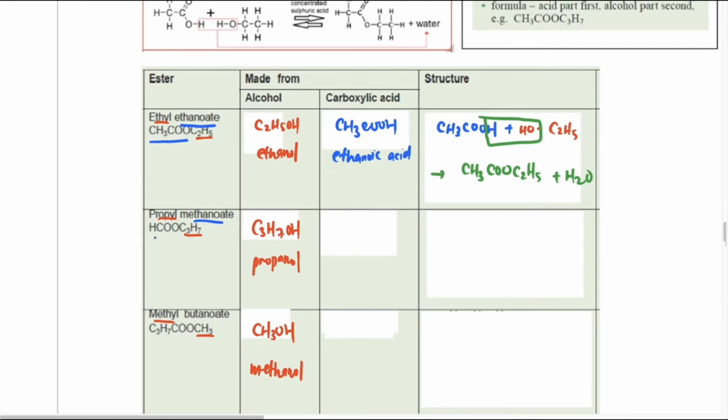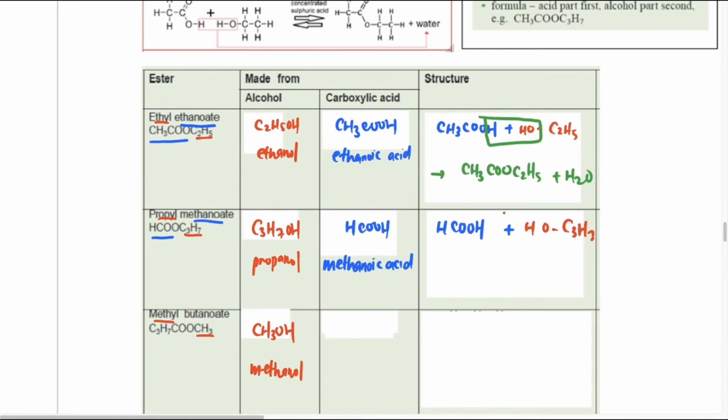Now for this one, you see methanoate. Methanoate is this part, HCOOH, methanoic acid. HCOOH plus the alcohol. Like what I said, the alcohol you swap, so that C3H7 is at the right.